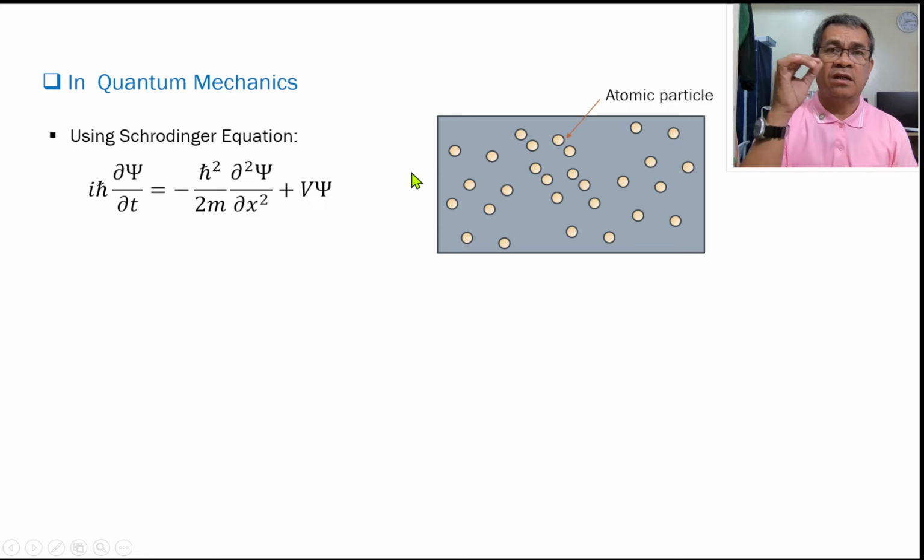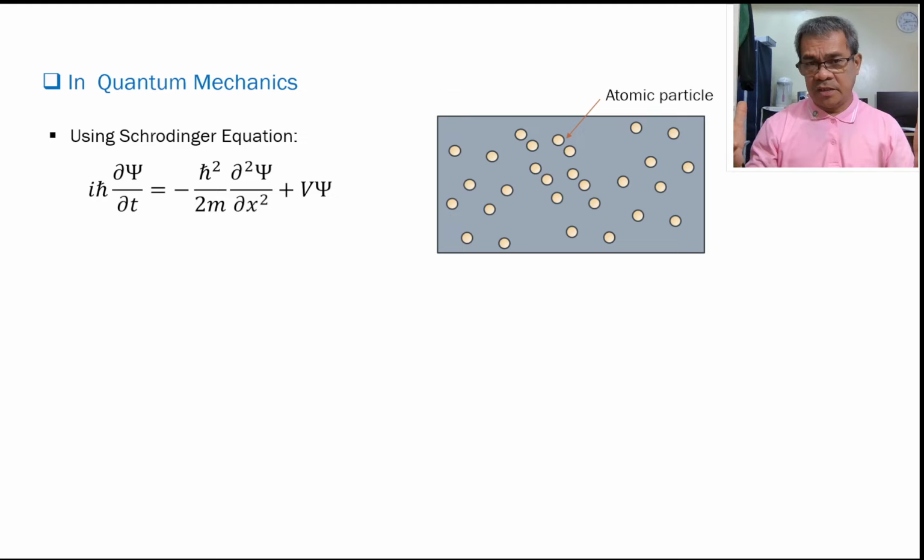So since the atomic particle doesn't have a definite position because we don't know which is which, the only thing to describe it is by calculating the wave function in the Schrodinger equation. Take note, this is a differential equation.